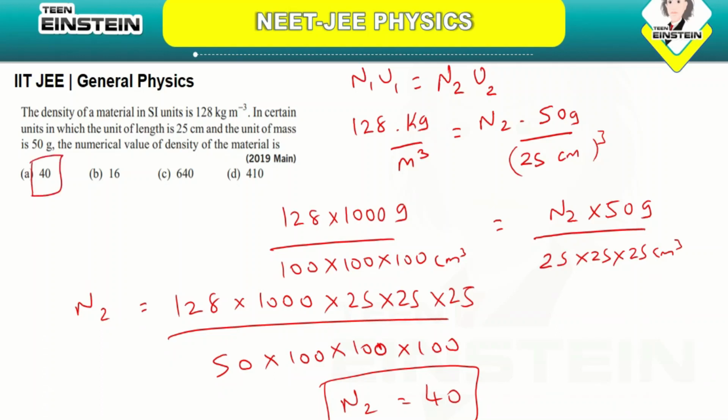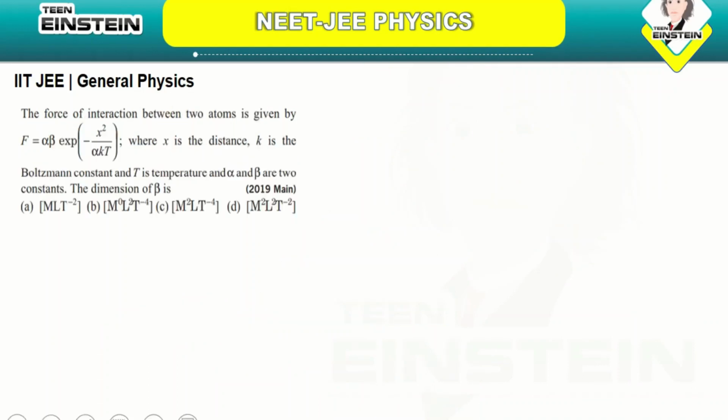Okay. Let us now move on to the next question. The force of interaction between two atoms is given by F is equal to alpha beta exponential minus x square by alpha kt, where x is the distance and k is the Boltzmann constant and T is the temperature, and alpha and beta are two constants.